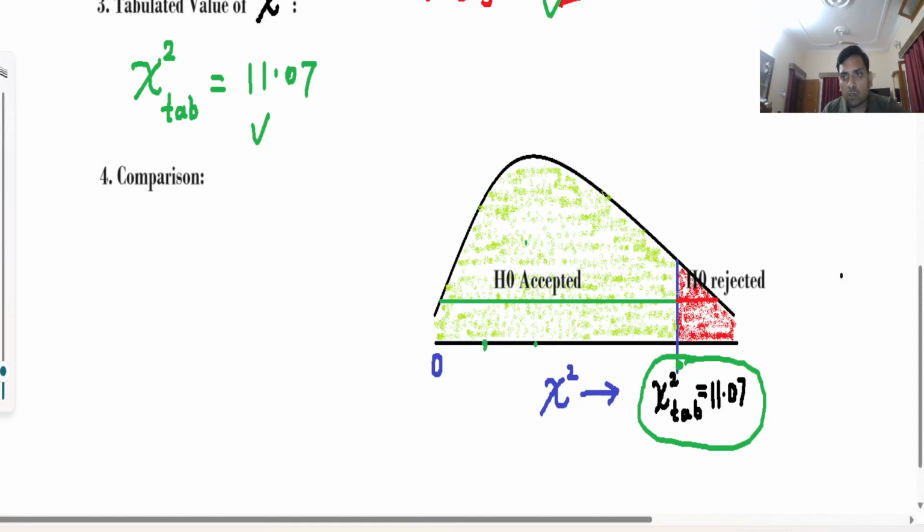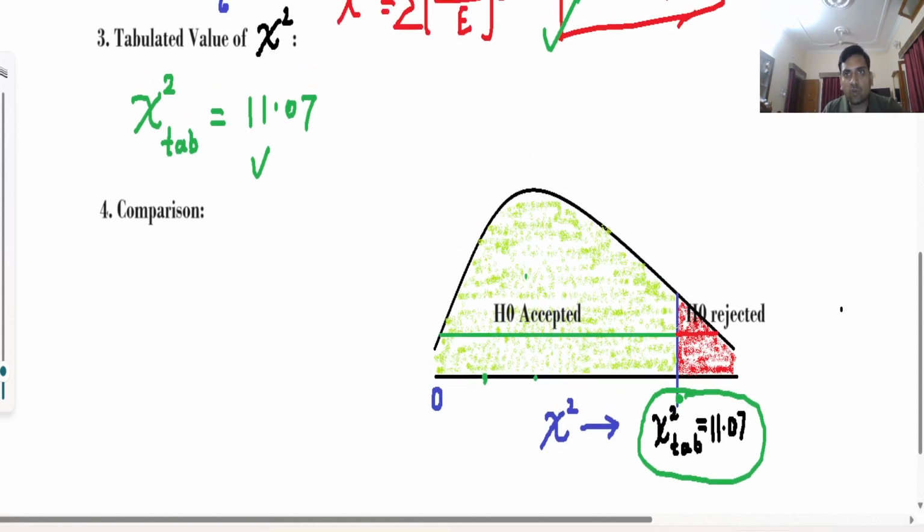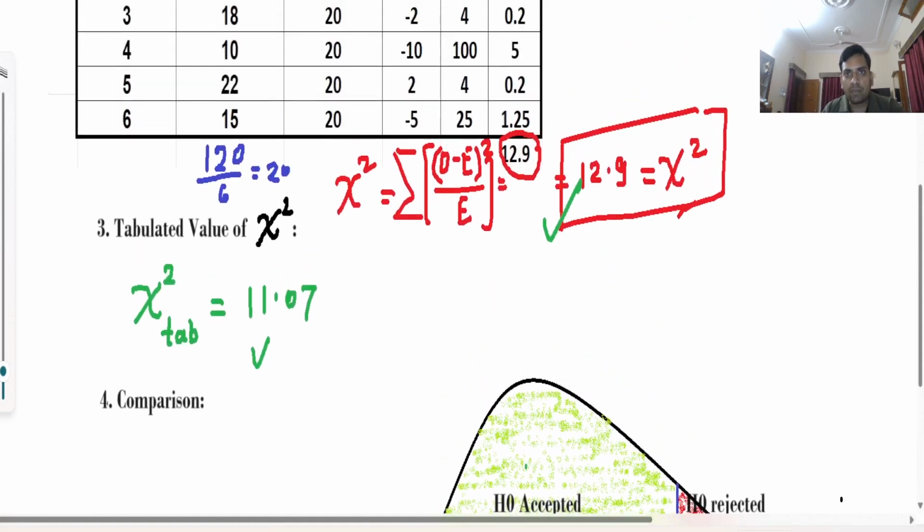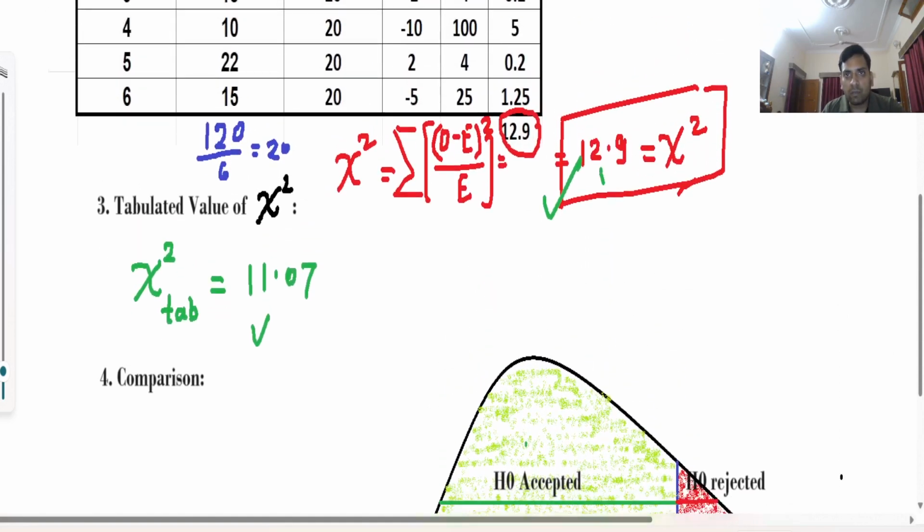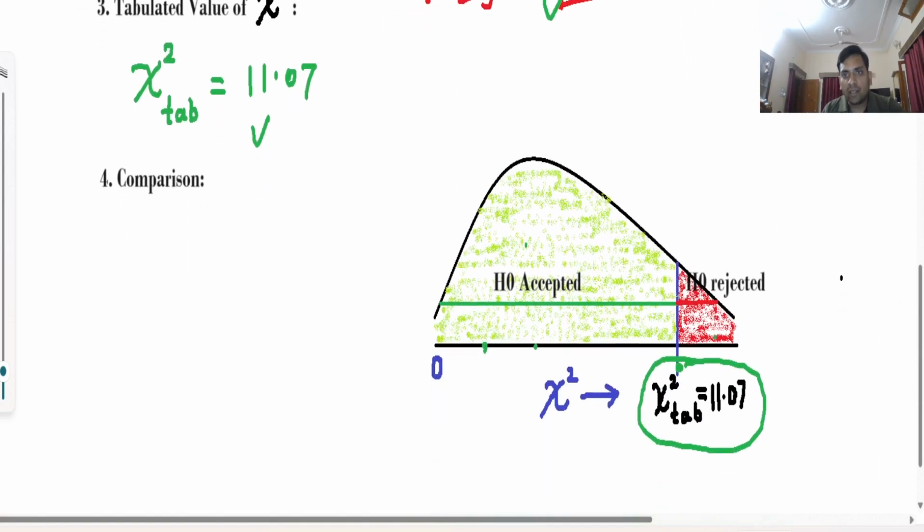Now we will also locate the value of chi-square calculated, this 12.9. 12.9 is greater than the tabulated value, so we will put it in the right hand direction.